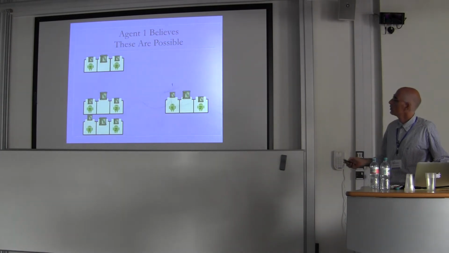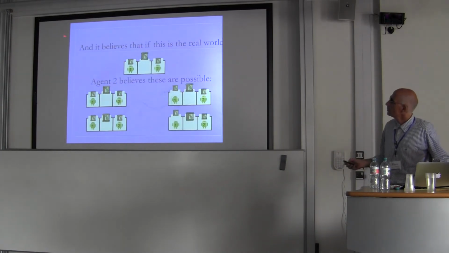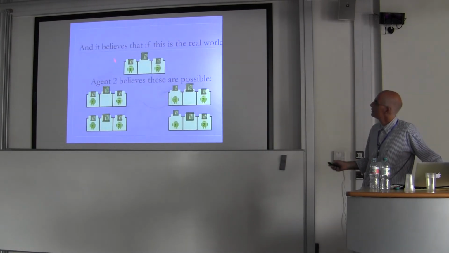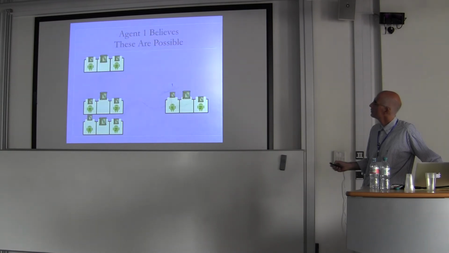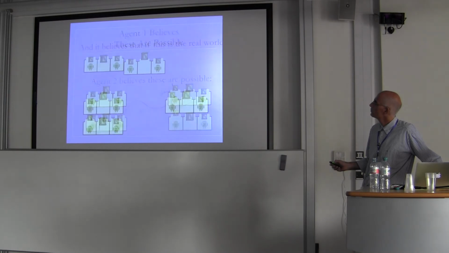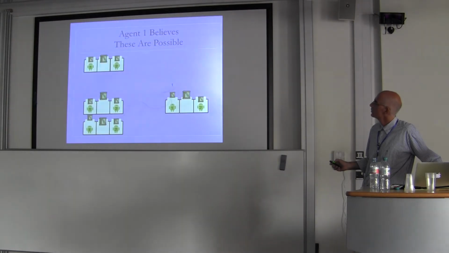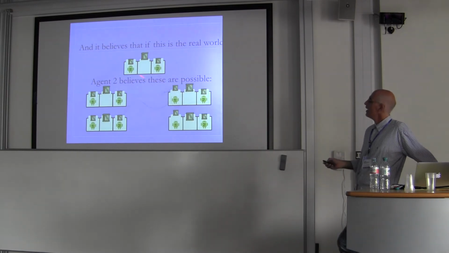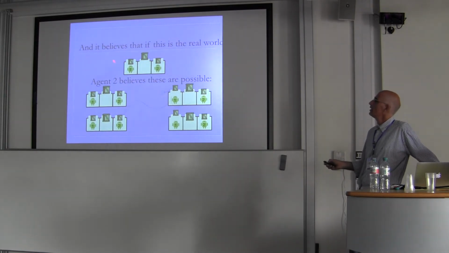Okay, so these are the worlds agent 1 believes are possible. So now notice that this world here is one of the worlds. So imagine that agent 1 believes this is the real state of the world.